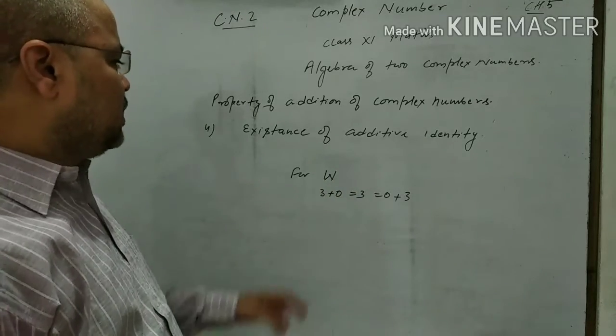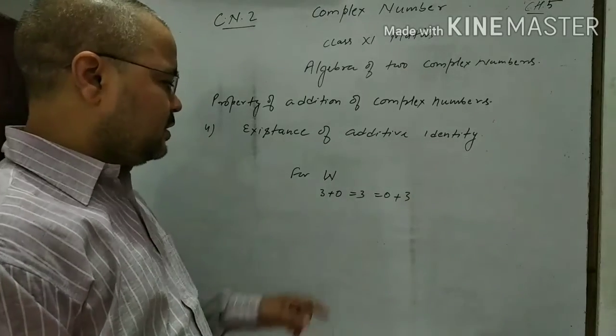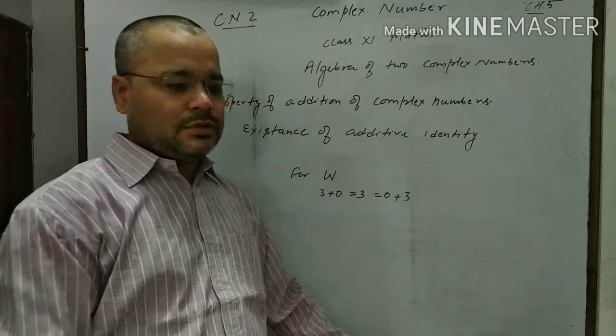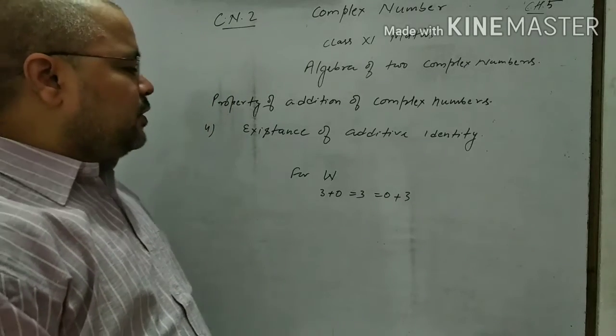This is the existence of additive identity. So here the additive identity for whole numbers is 0.